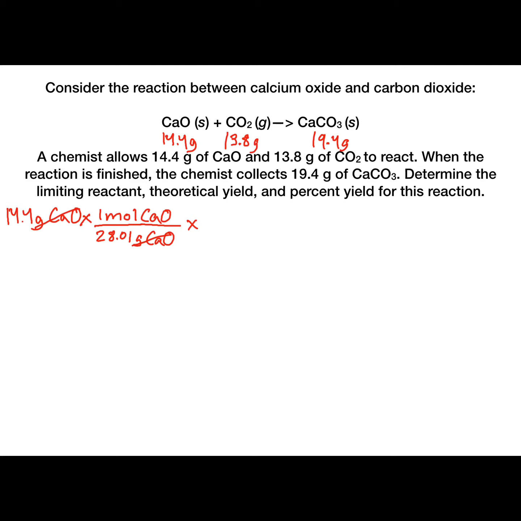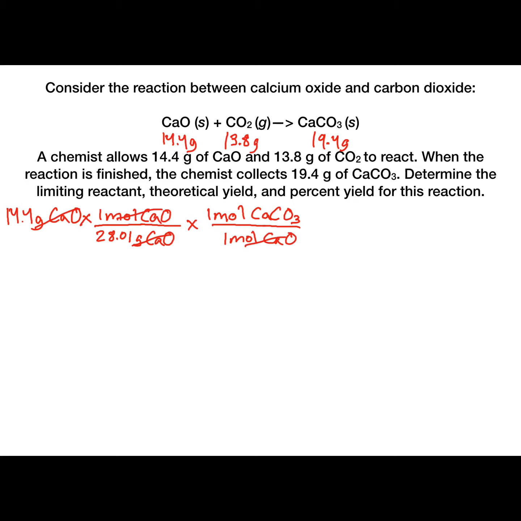Okay, now we need to use the mole to mole ratio between our calcium oxide and calcium carbonate. There's a 1-to-1 ratio. So 1 mole of our calcium carbonate for every 1 mole of our calcium oxide.